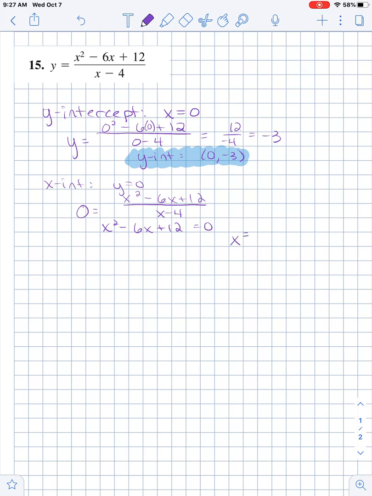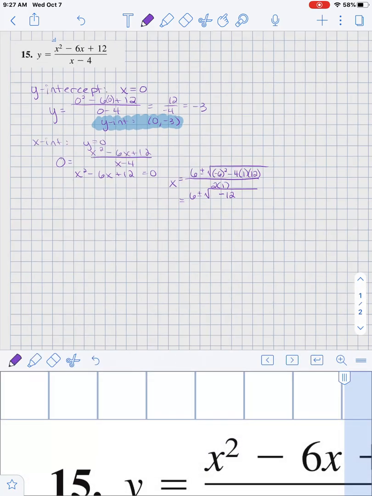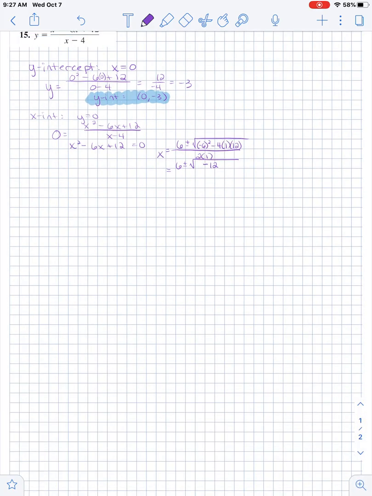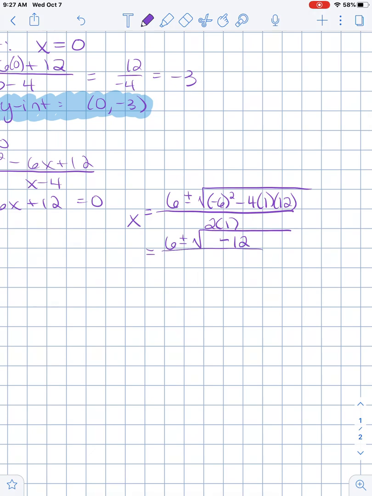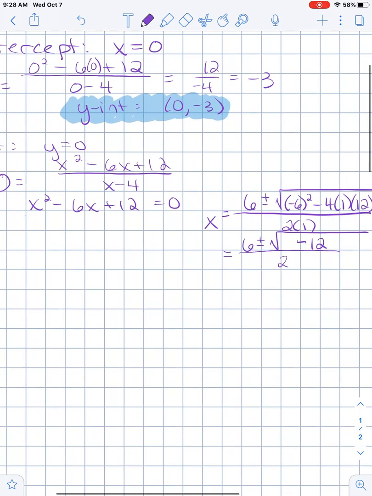The quadratic formula is negative b, so positive 6, plus or minus the square root of b squared, so negative 6 squared, minus 4ac, all over 2a. Looking at the discriminant, negative 6 squared is 36, 4 times 12 is 48, and 36 minus 48 gives a negative number under the radical, which means there are no x-intercepts for this function.